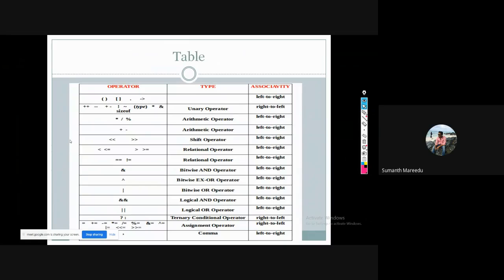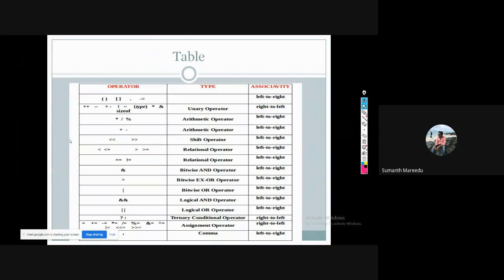This is a list of all operators that exist and their associativity, and the operators are given according to their precedence, according to their priority. First precedence is given to the brackets.